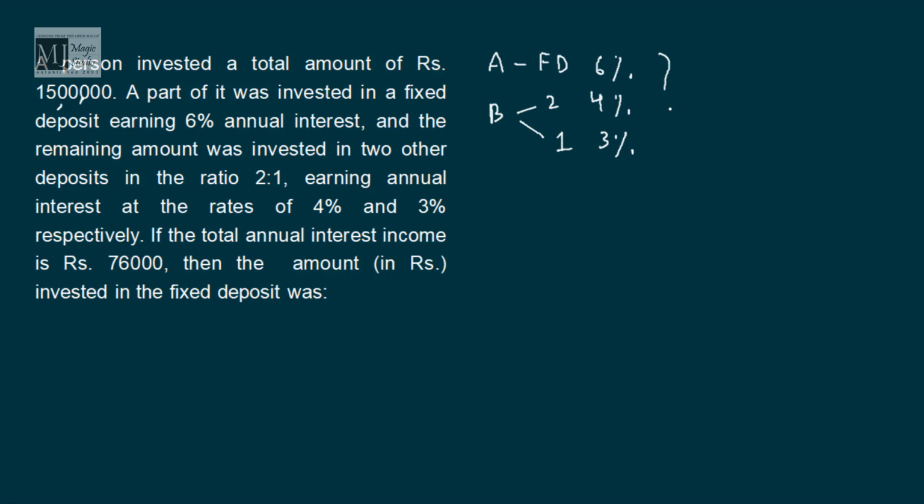If the total annual interest income is 76,000, then the amount in rupees invested in the fixed deposit, we need to find this.